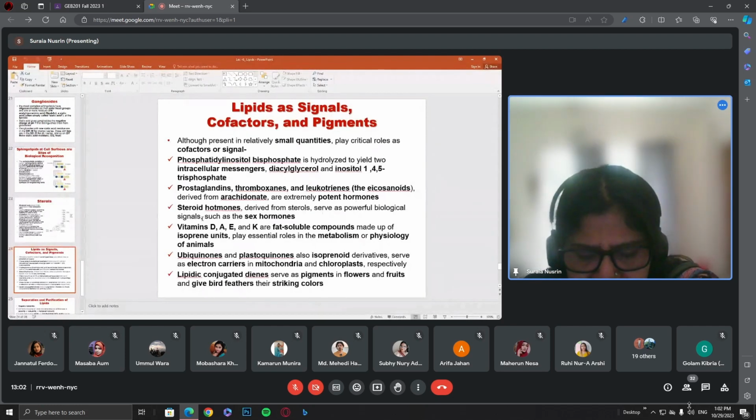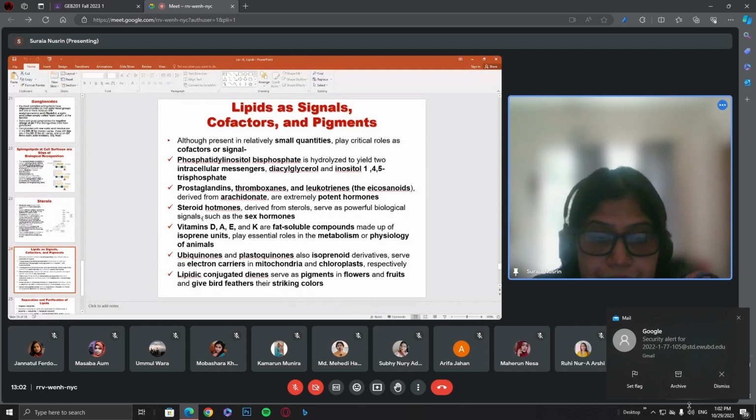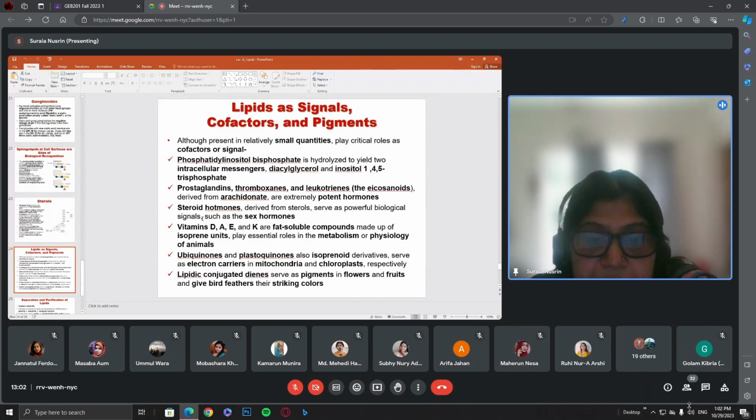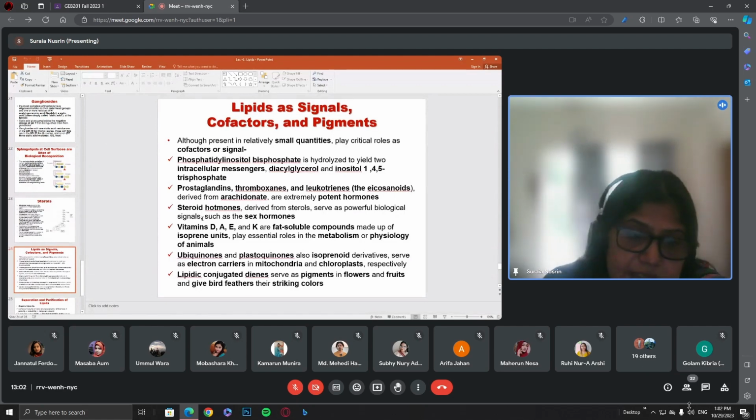Sorry, plastoquinone, that is present in chloroplast, which is also functioning as electron carrier. So they are functioning as electron carrying molecules. And then some colorful pigments, which are also lipids in nature, such as lipidic conjugated dienes.